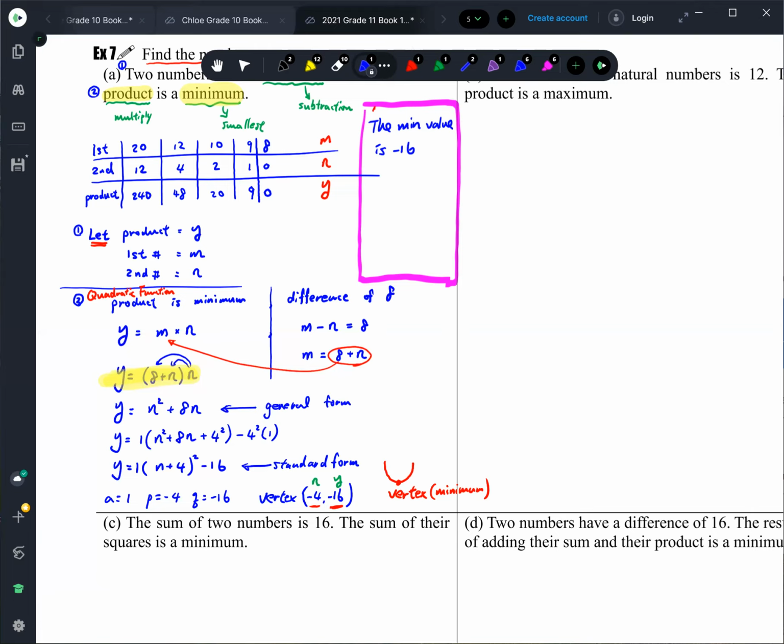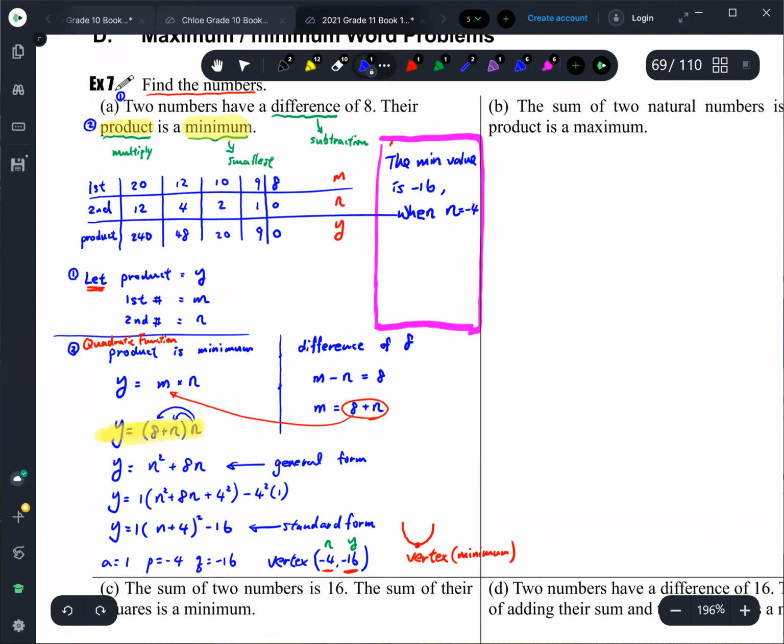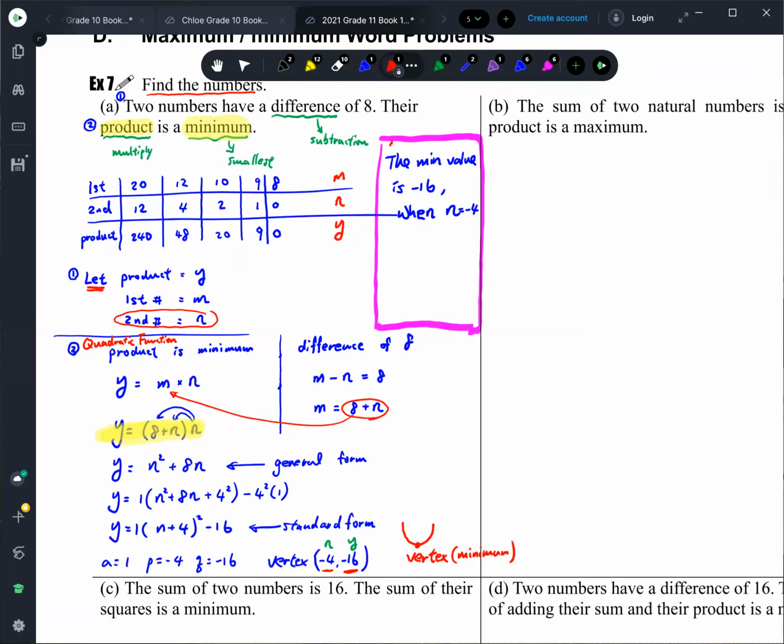And when n equals -4, if you look at the last statement, n represents the second number. And if you want to find the first number, I'll put a star over here. To get the first number, it's 8 plus n, because they need to make a difference of 8.